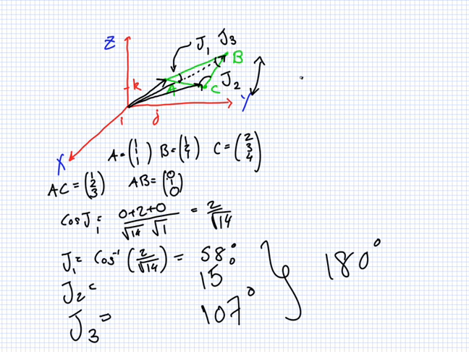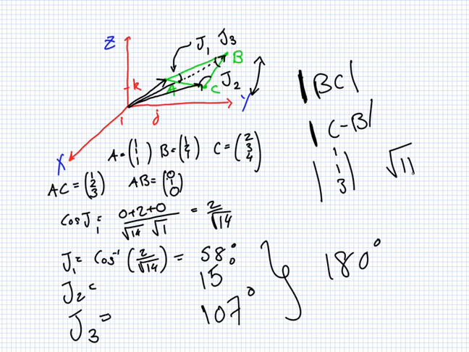No. Magnitude of what vector? BC. And what's BC? C minus B. Oh look, we'll do it now anyways. So it's magnitude of C minus B, which is 1, 1, 3. Which is magnitude root 11.